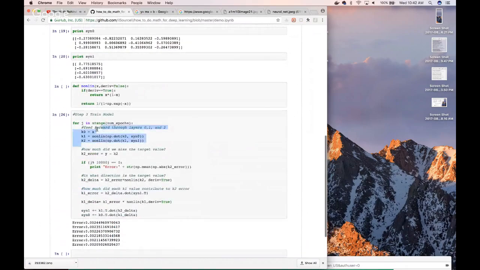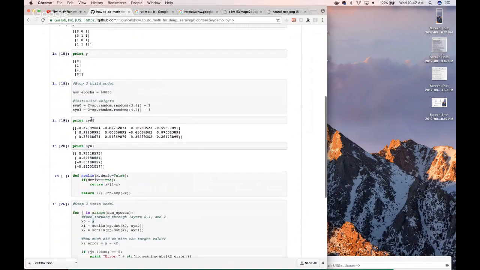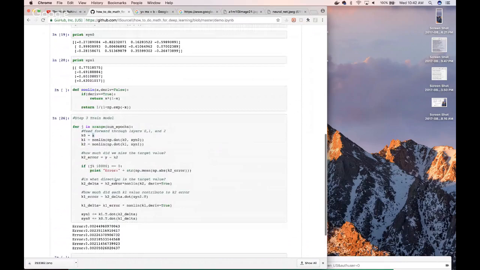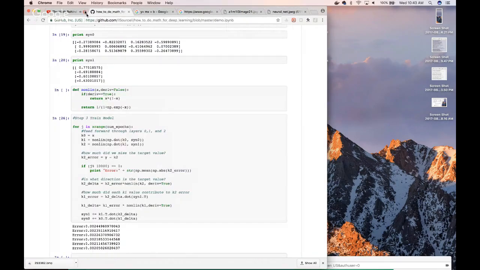And what we're going to do is we're going to feed forward. So we're going to take our input data, x, which is up here, and we're going to say that's going to be K0. And then we're going to do input times the first synapse matrix. And then we'll apply a nonlinearity to it. Now let me talk about the magic of what's happening here. A neural network is essentially just a series of matrix operations, right?